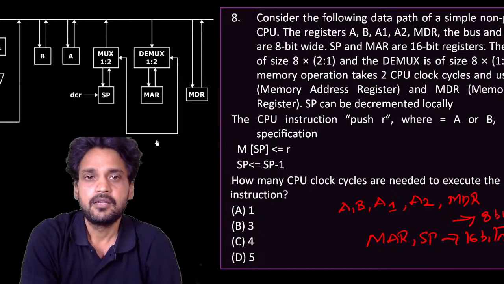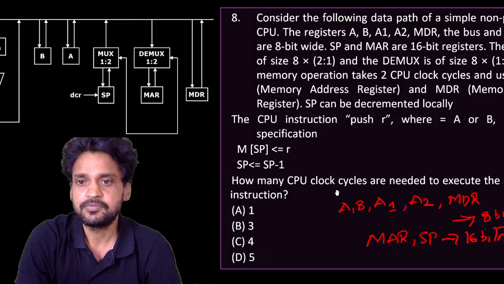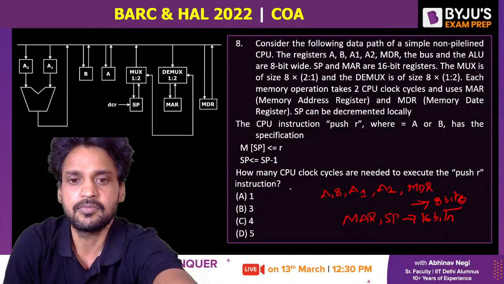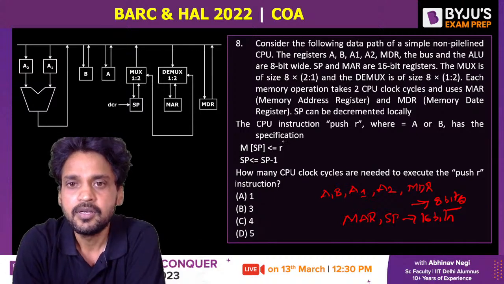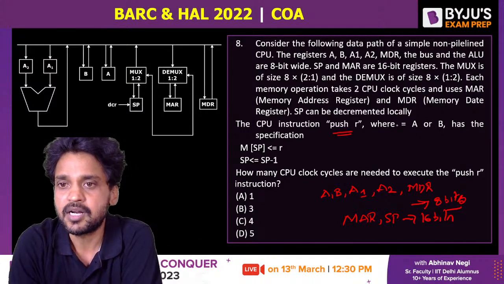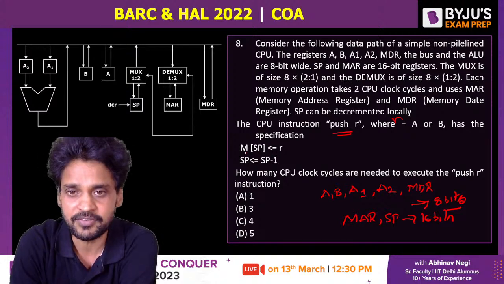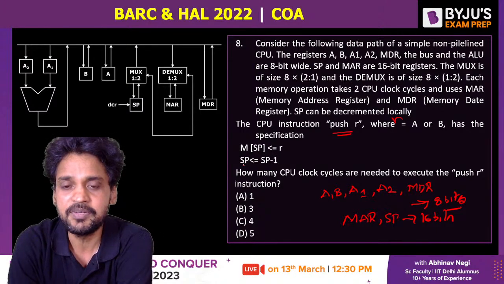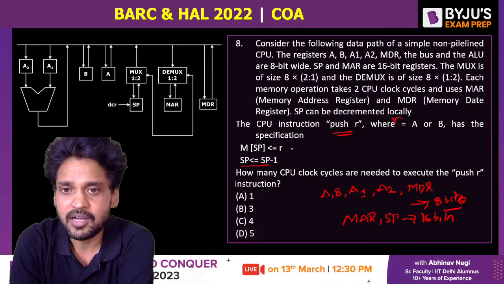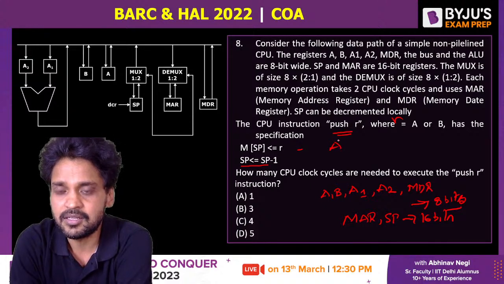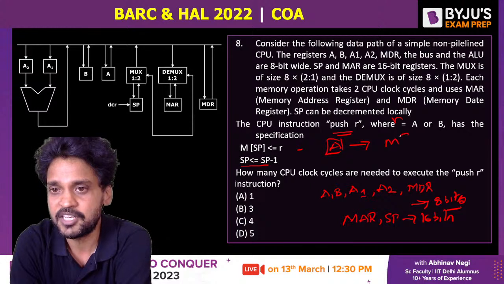Now the question is push R, where R is equal to A or B, has a specification: R will be transferred to memory of SP, and SP will get decremented. Say register A has to be pushed into memory of SP.